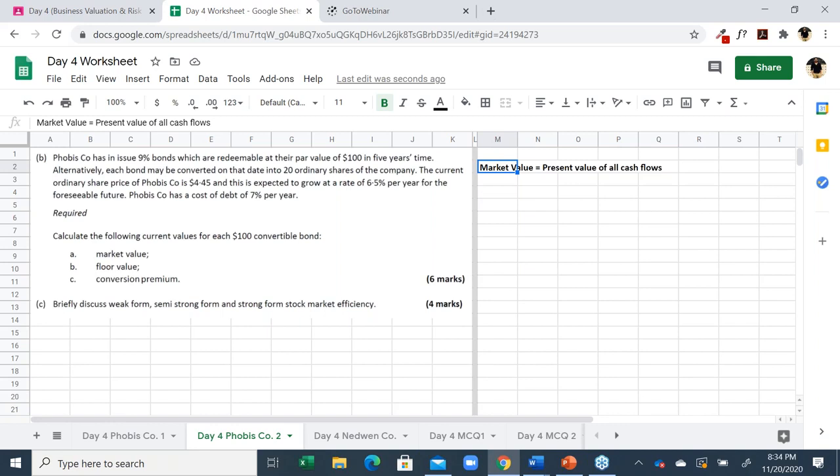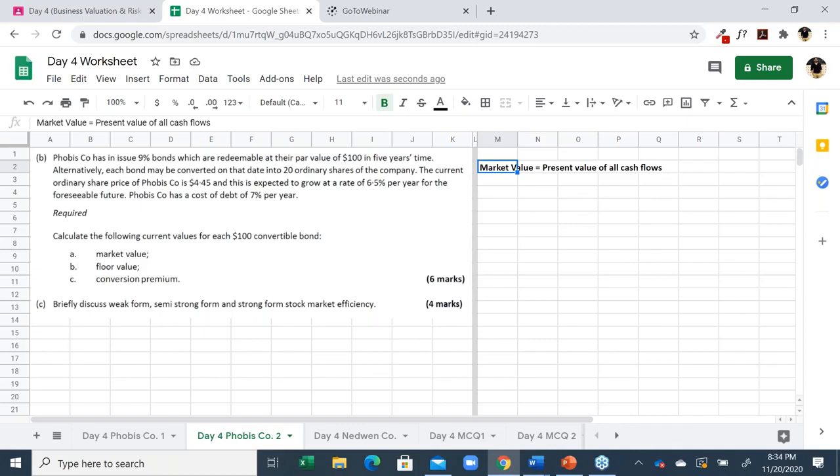Now, the problem in this particular question is that we have a convertible debenture or bond, whatever it is. What does this mean? This means that after a certain time, the investor will have the option of either redeeming the bonds, that is getting their cash back, or converting that amount or bonds into the ordinary shares of the company, and that will be totally at the discretion of the investor.